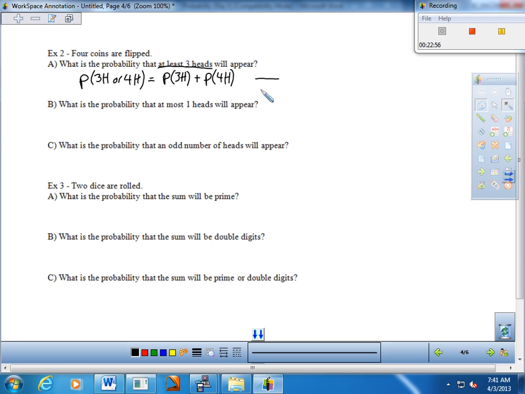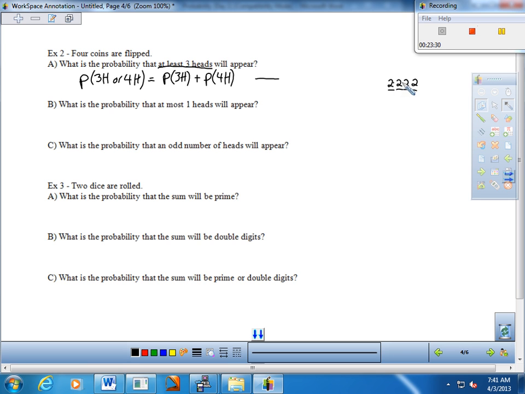I'm going to use a little counting principle here to get this going. Think about when 4 coins go up in the air. How many possibilities are there for the first coin? 2. How many possibilities for the second coin? 2. How many possibilities for the third coin? And how many for the fourth?